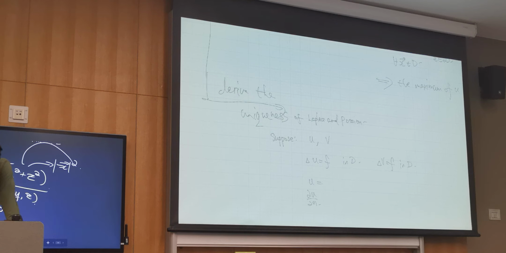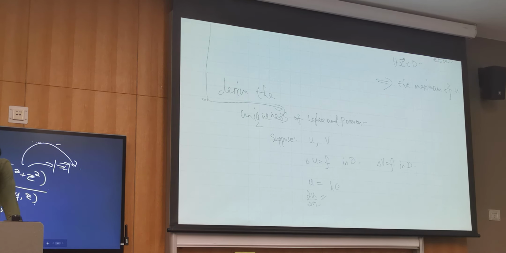They satisfy exactly the same boundary condition, let's say h(x), on the boundary of D, and so does my v, or my partial v partial n, or any combination of that, equals h(x) on the boundary of D.